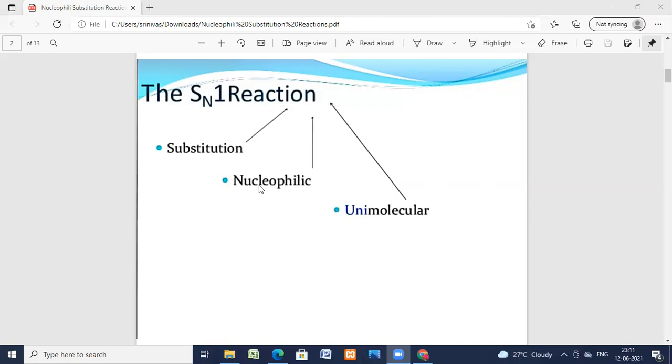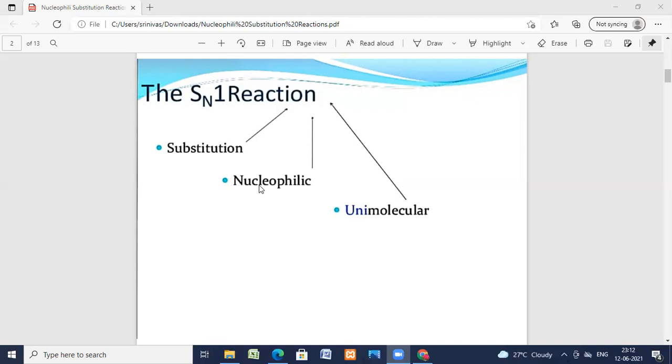The electron-rich species OH minus, cyanide minus, SH minus, NH2 minus, NH3, OR minus, R minus, all these come under the nucleophiles. Nucleophile is the entering group. It enters onto the alkyl halide, thereby the nucleophile is attached and the halide ion becomes the leaving group.